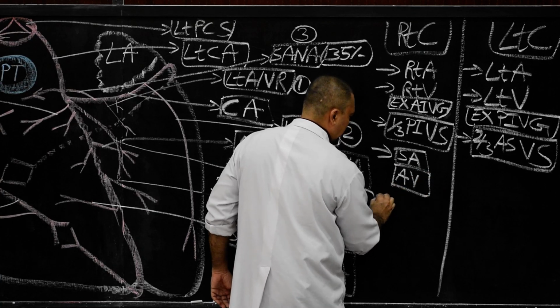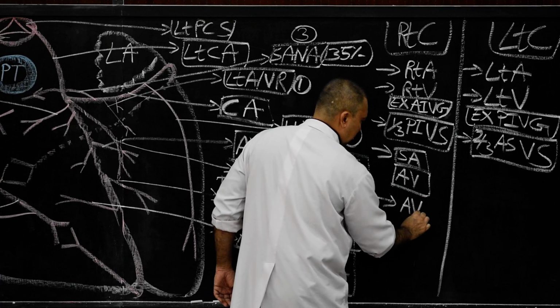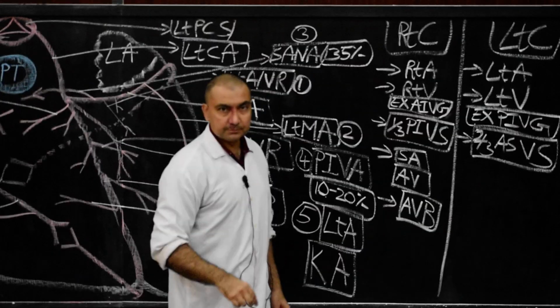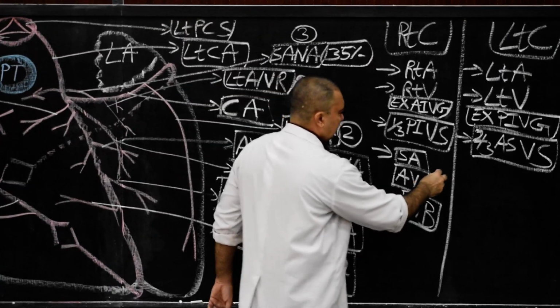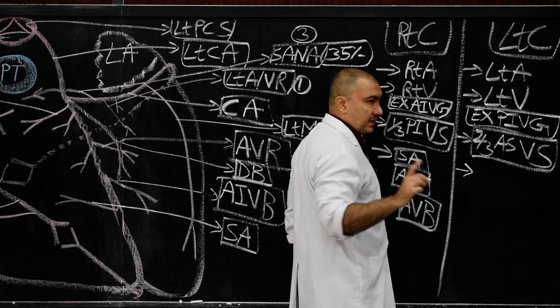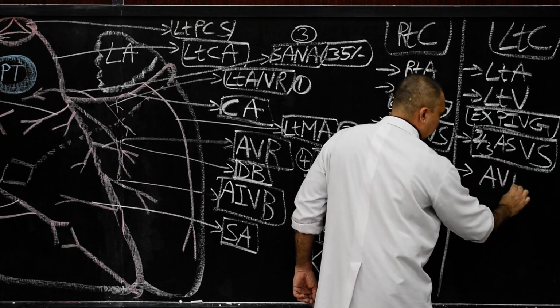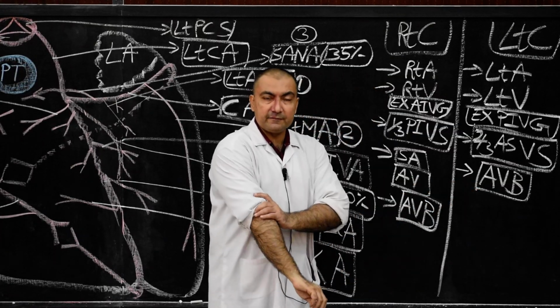At the same time, it will also supply the AV bundle, or bundle of His. What about the left side? The left coronary artery will supply the AV bundle or bundle of His.